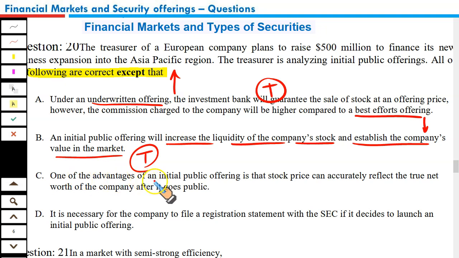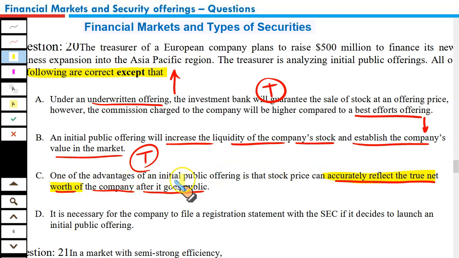One of the advantages of an initial public offering is that the stock price can accurately reflect the true net worth of the company after it goes public. This is debatable. This is not true.